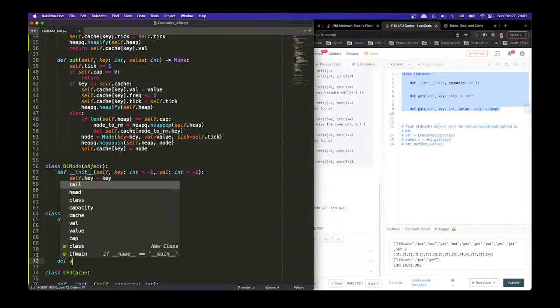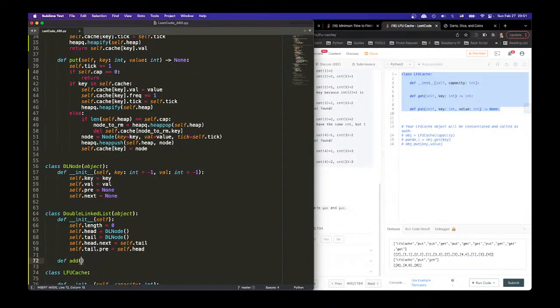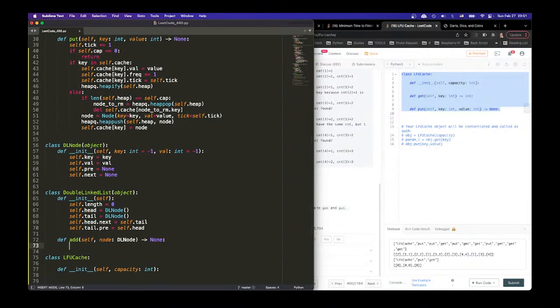Then we're gonna say add, right? A node, and this node is going to be a DL node. I'm not gonna return anything. Okay, so how do we add? We always add at the tail.